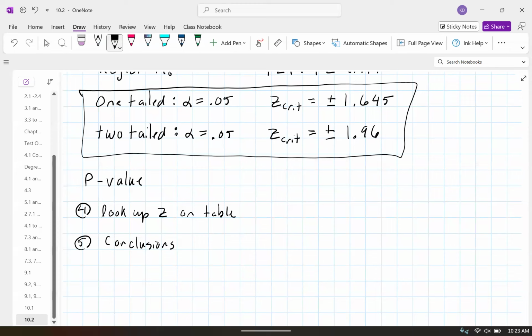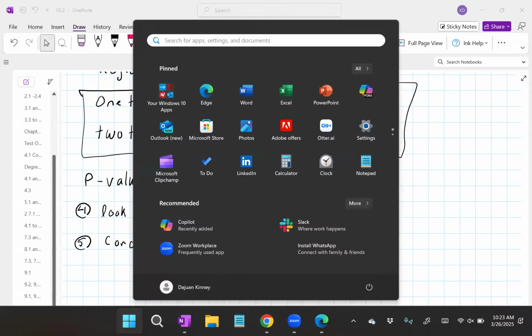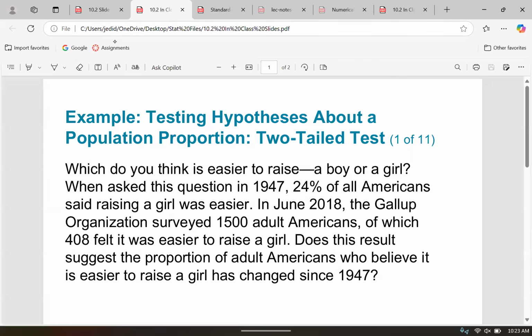Okay. Let's do an example. And we can use either approach with this one. Oh, they gave the game away, told us it's a two-tailed test. I didn't realize they gave it away in the title.